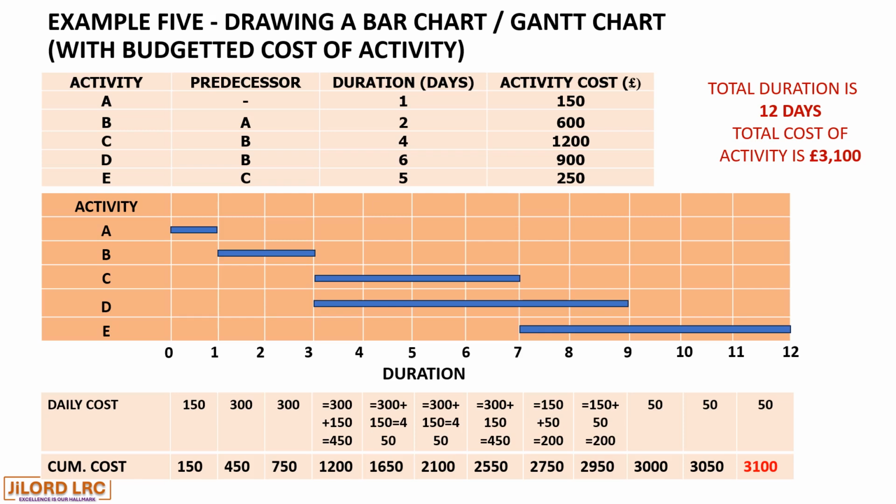Day 9, activity D attracted a £150 cost, and activity E attracted a £50 cost, giving us a £200 cost. These £200 added to the £2,750 gives us £2,950 cumulative cost.